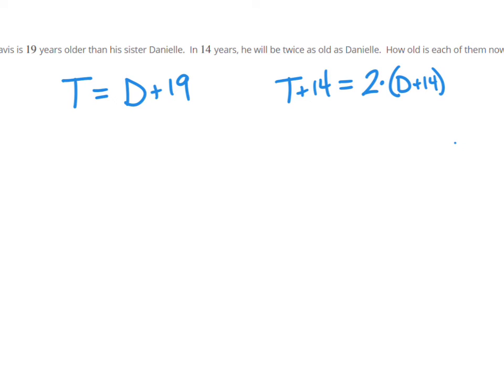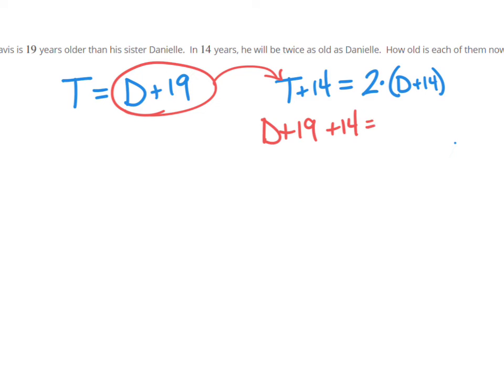We got T and D in both of those. Let's go ahead and do that substitution because it looks like it's set up very nicely for that. So I'm going to have D plus 19 plus 14 equals, and then I'm going to distribute here, 2D plus 28. Just like last time, we have some like terms that we could combine to simplify this equation.